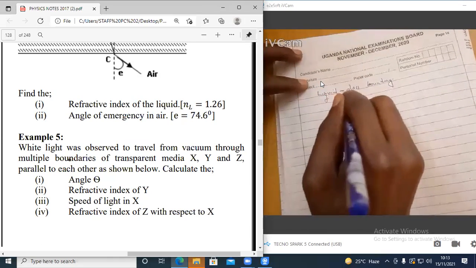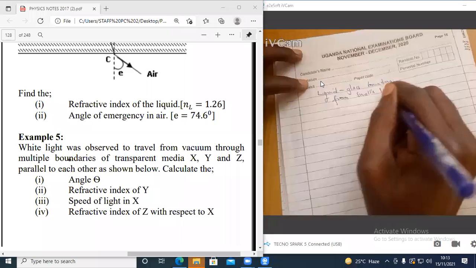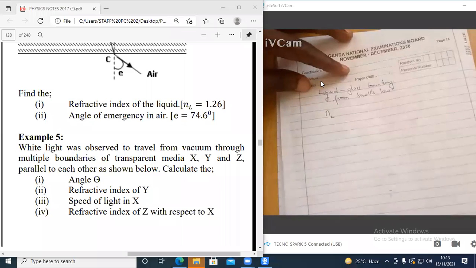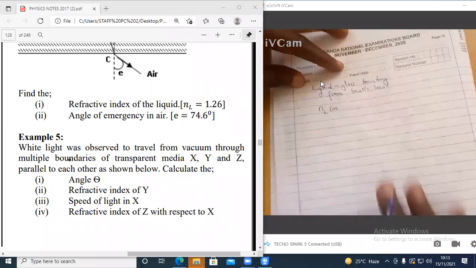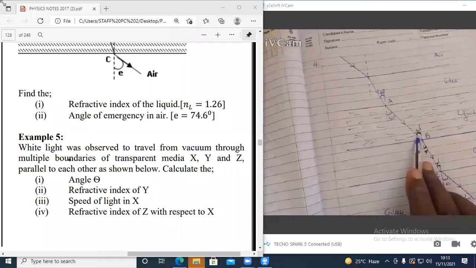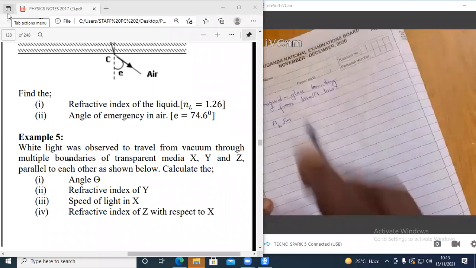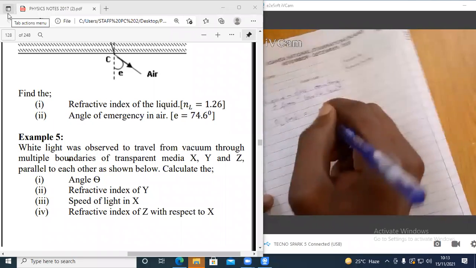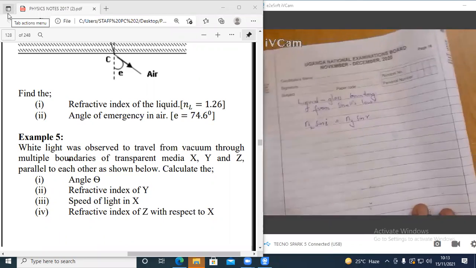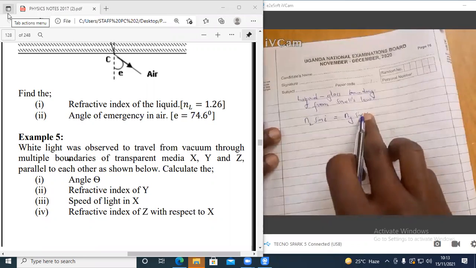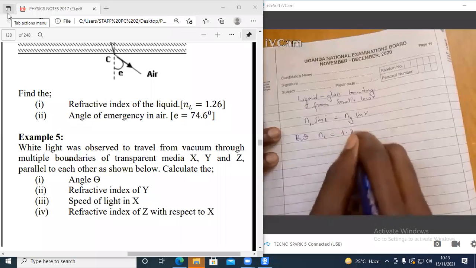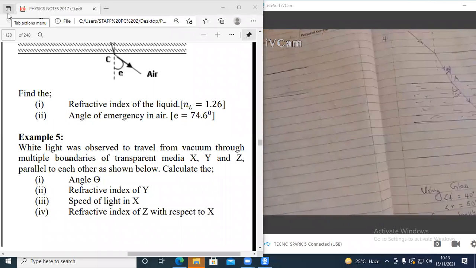So still from Snell's law, we shall have NL sine I equals N glass sine R. What is the angle of incidence here? 50. We want to find R, but NL is 1.26. We have just calculated it.